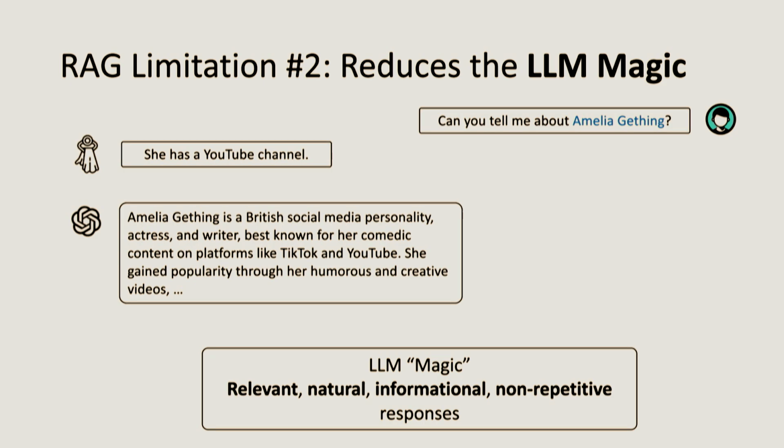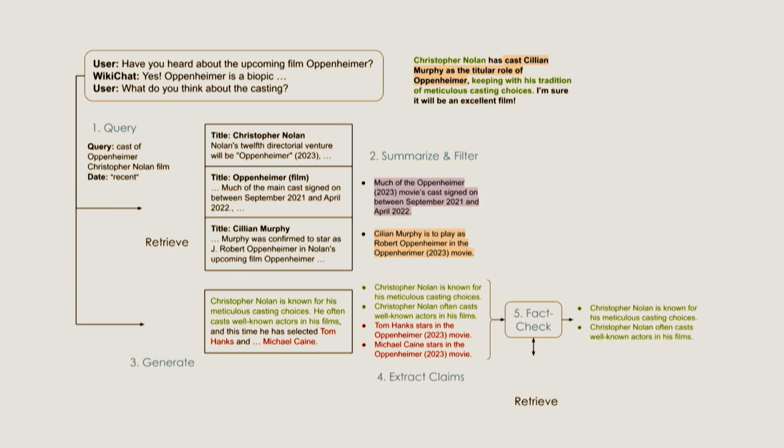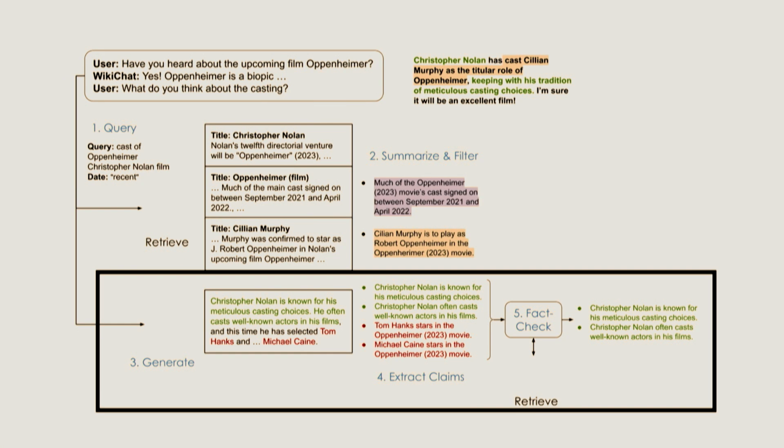And this is something that at the time especially, and even to this day, RAG systems fall behind compared to LLMs. So we wanted to add this back into WikiChat, and for that we added another route, as I mentioned earlier, to directly generate responses from GPT-4 or any other LLM that we're using.